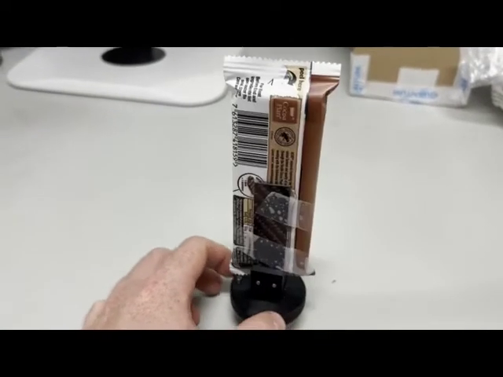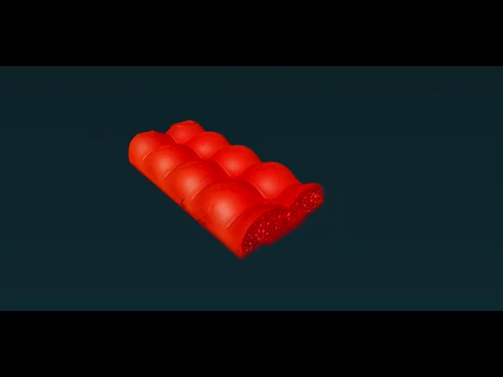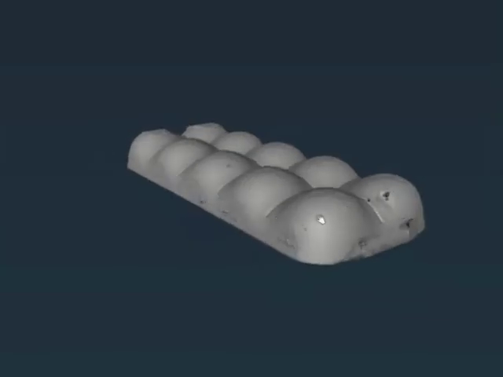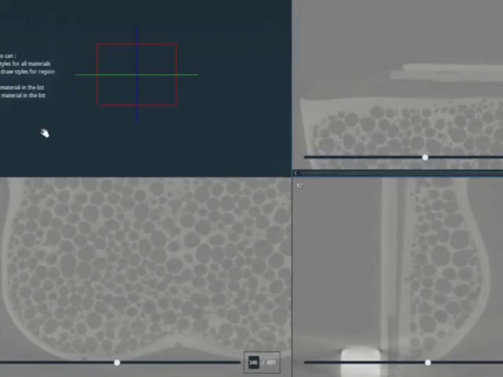Another sample that I was very excited about is the Aero bar, because it's mostly pores or bubbles, and we can see them here. And seeing them wasn't really good enough for me.